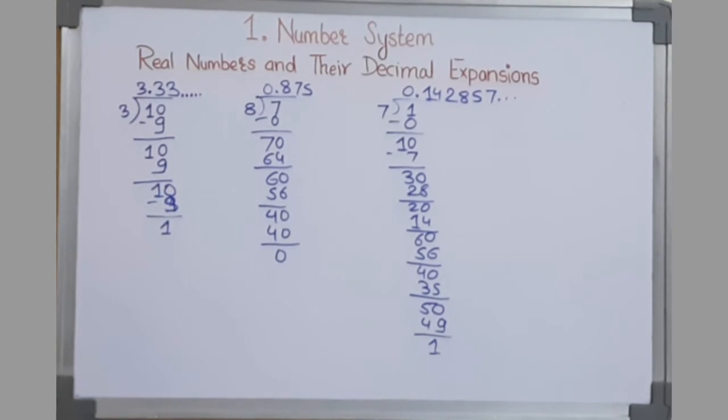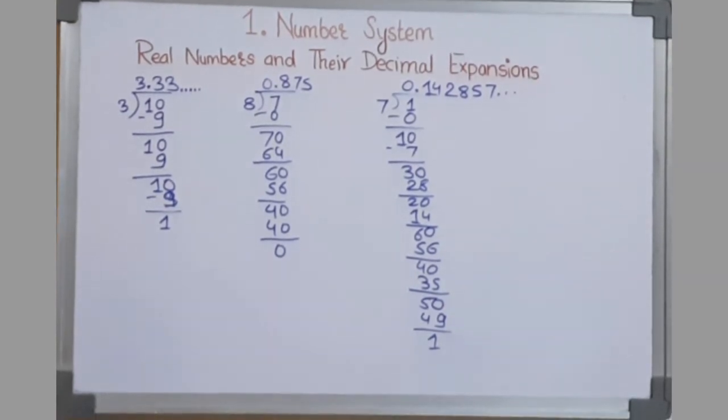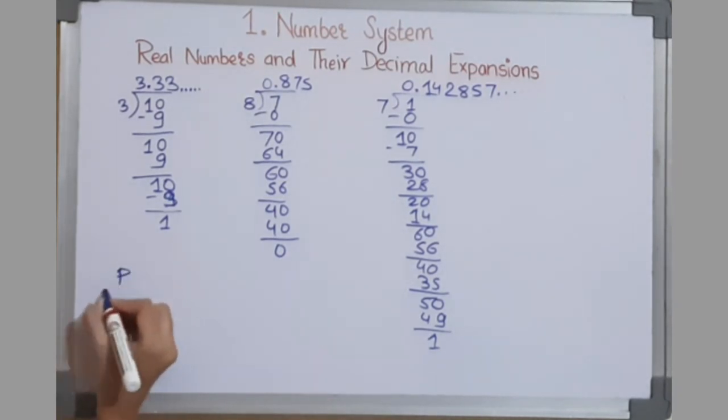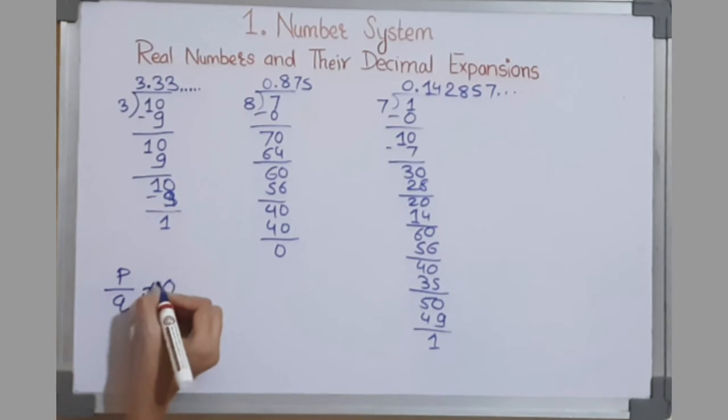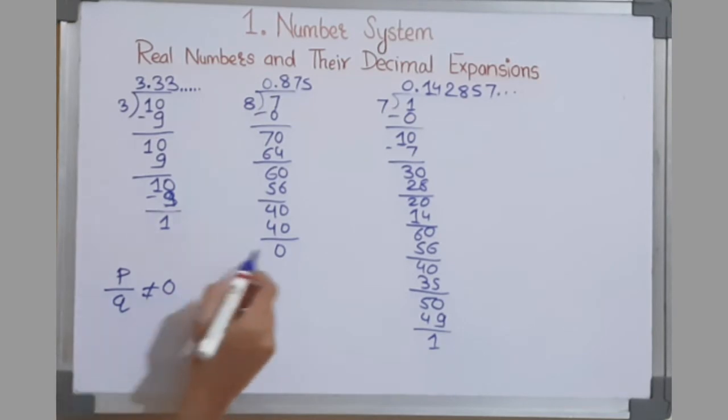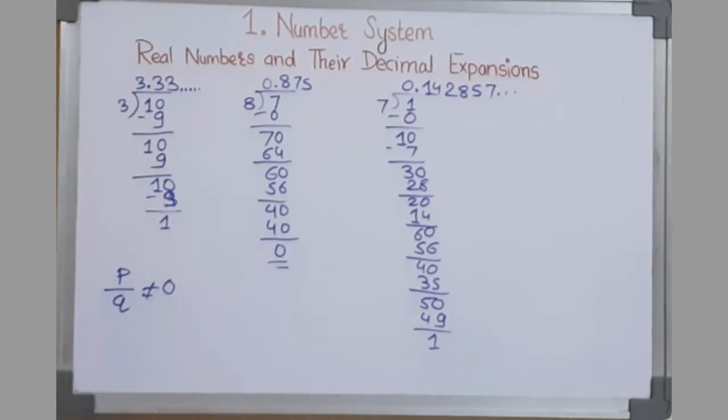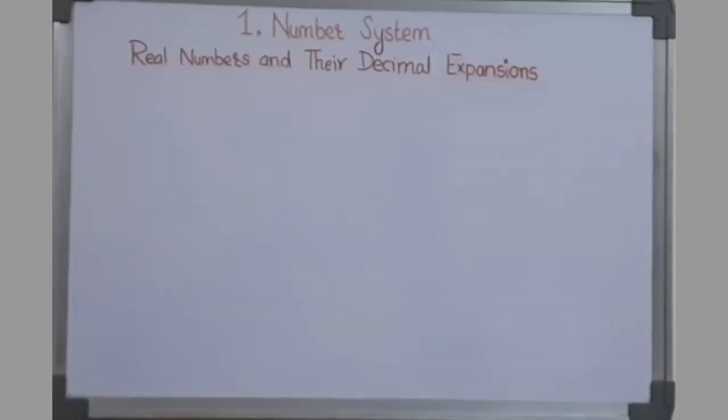Although we have noticed this pattern using only the examples above, it is true for all rational numbers of the form p by q, where q is not equal to 0. On division of p by q, 2 main things happen. Either the remainder becomes 0 or it never becomes 0, and we get a repeating string of remainders. Now let us look at each of these cases separately.